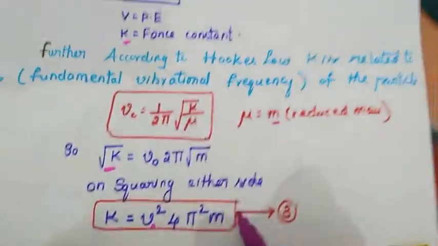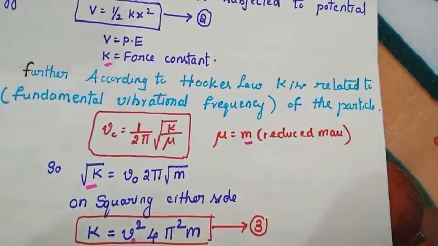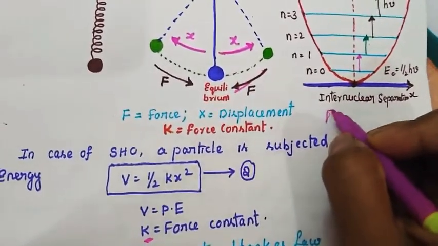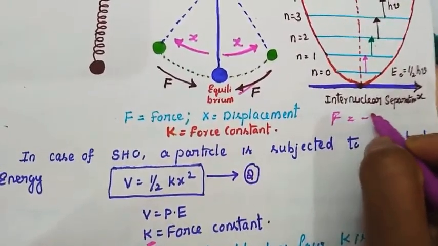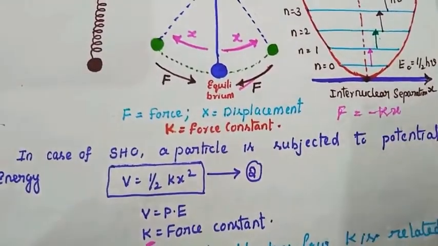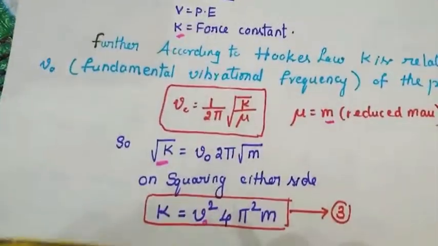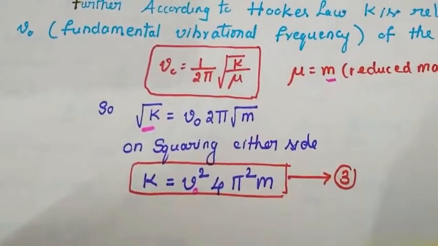So this is the equation. Consider the first as F equals minus Kx. This is the first equation. Consider this as the second and this as the third equation.